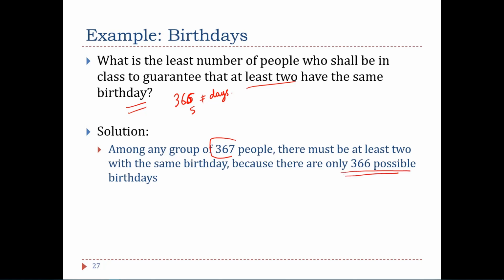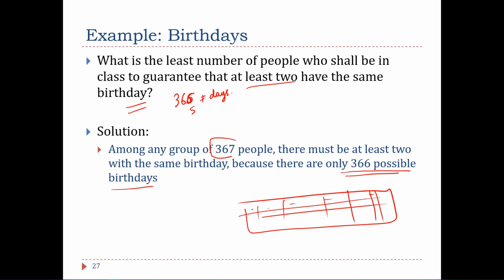You can consider those birthdays, all the days of the year, as boxes, and you have people to accommodate in them. So maybe if you have 366 or 367 different people in a class, all of them were born on the 1st of January, on one single day.